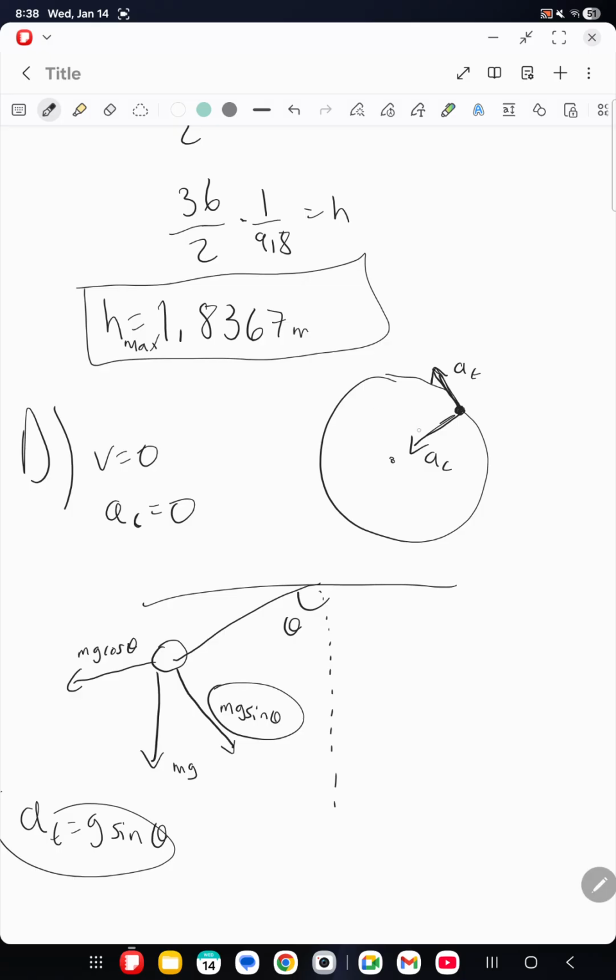And here we see that our centrifugal acceleration has canceled, but we do have a tangential acceleration. Because mg sin theta is across the arc, that g sin theta will be our tangential acceleration, because it's across a circle, if you will.